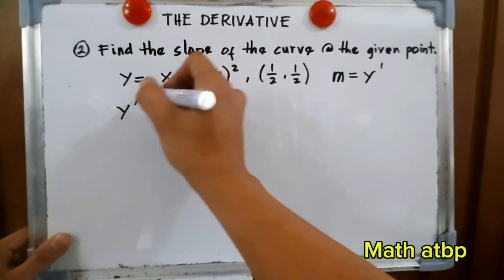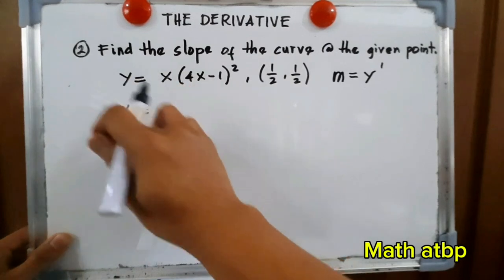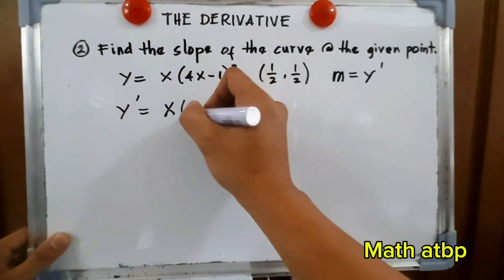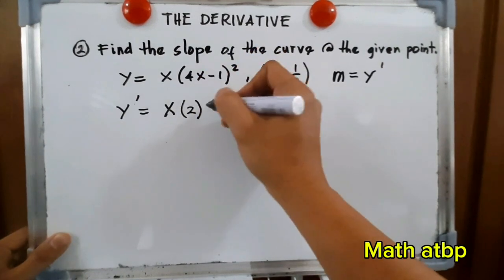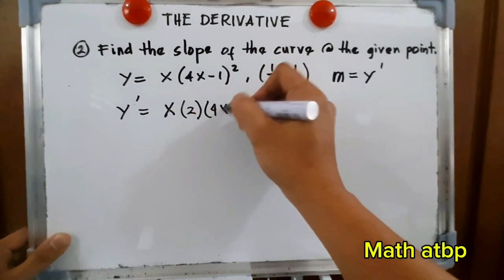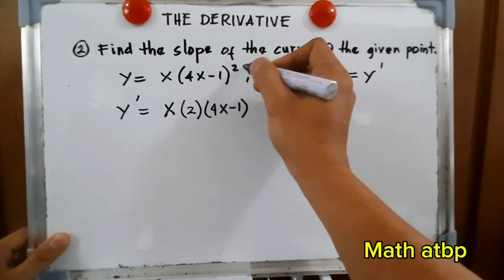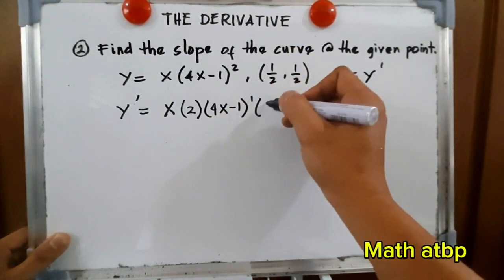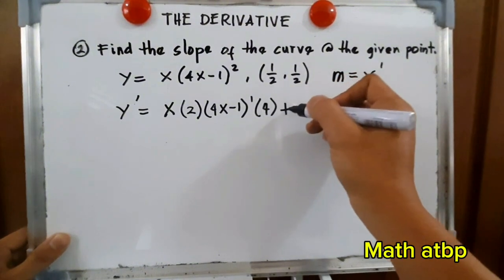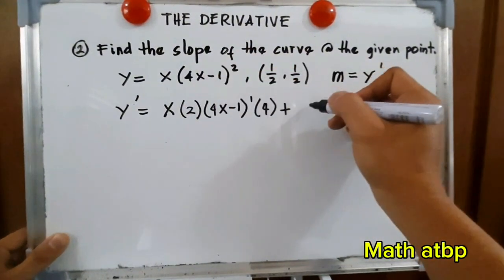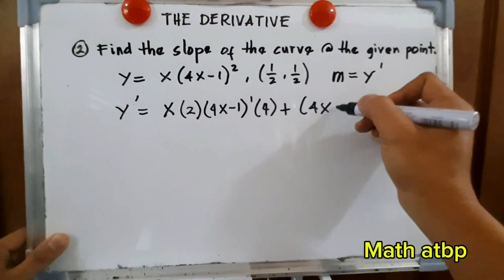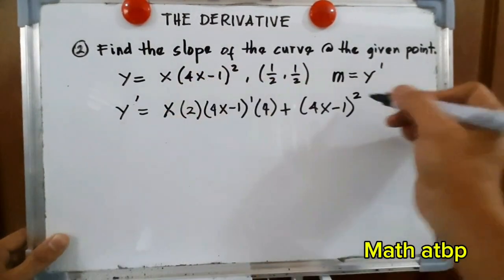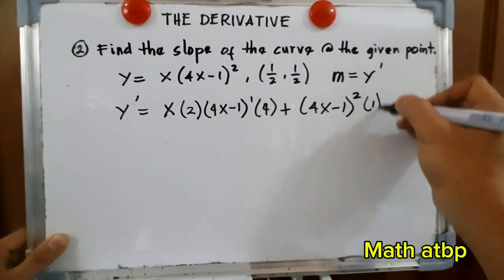y prime is equal to x times the derivative of this, which is 2, copy the base 4x minus 1, and then 2 minus 1 is 1, and then the derivative of 4x minus 1 is 4, plus, copy this one, the quantity 4x minus 1 raised to the second power times the derivative of x, which is 1.